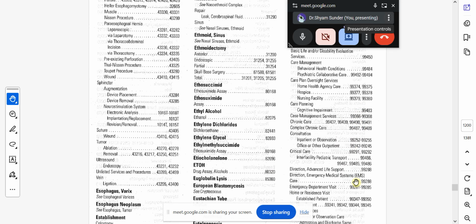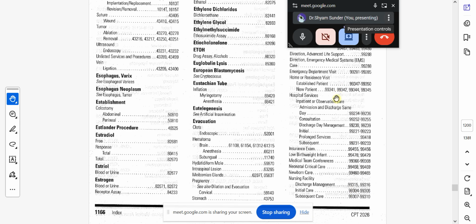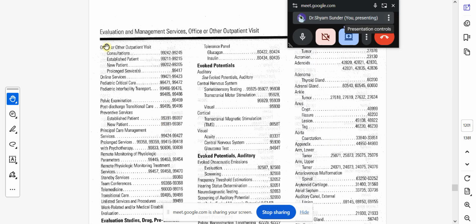Now we look for office visits. It is a new patient, which gives the range 99202 to 99205. And when you go there, your MDM is moderate, so you'll assign 99204. That's how it is.